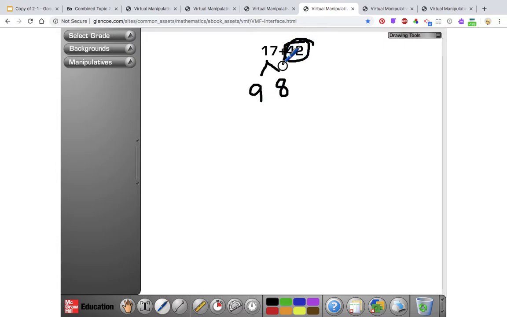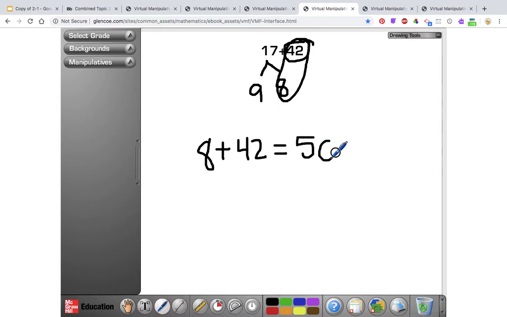I'm going to take that 8 and I'm going to put it with my 42 to make the next group of 10. So 8 plus 42 is 50. Then I just have that 9 left. So 50 plus 9 is 59.